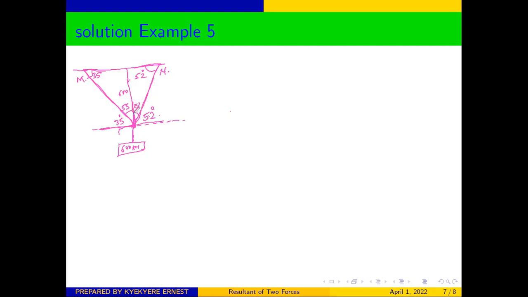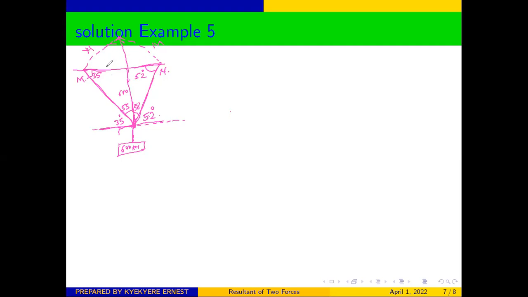Good. So having been able to do this, we can just pick one side of the triangle and do our analysis with it. We can as well complete this to form a parallelogram. So it will be something like this, and something like that. So this side will be our N and this side will be our M, and our resultant will be positioned like this. Good.